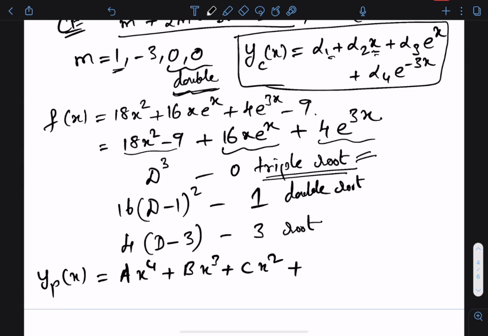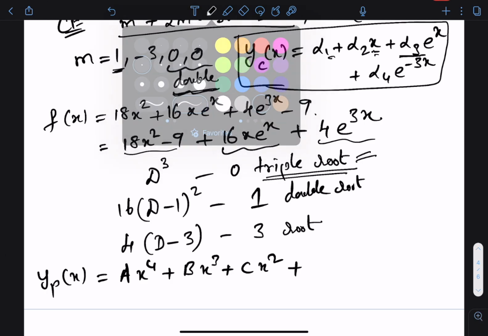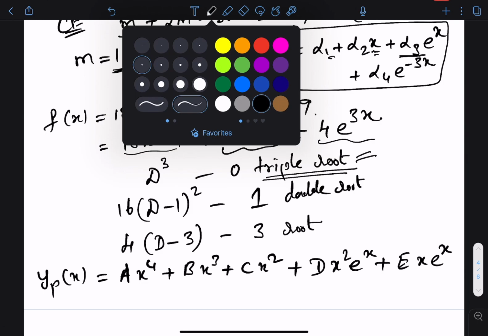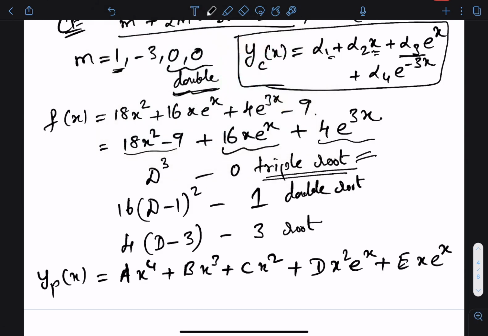1 is already a root here, a single root, and that is already appearing here as e power x. So as a double root, it should now appear as d times x square e power x plus e times x e power x, and then there is a root 3.